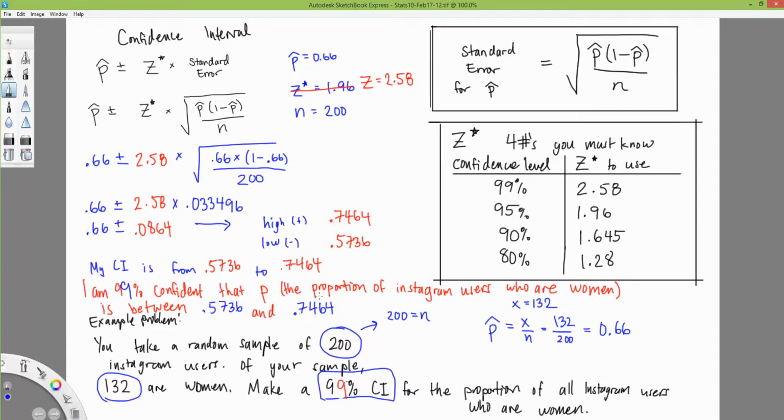But the only way for that to happen is that when I took my random sample of 200 people, I just happened to get a freak sample that had far too many women or far too few women. Because of random sampling, we might get a freak sample that throws us in the wrong direction. But we're hoping that's not the case, and that's why we can assign confidence levels, or confidence percentages, to our confidence interval.